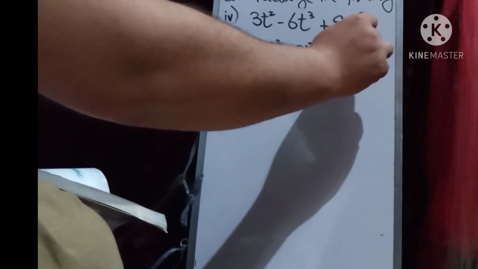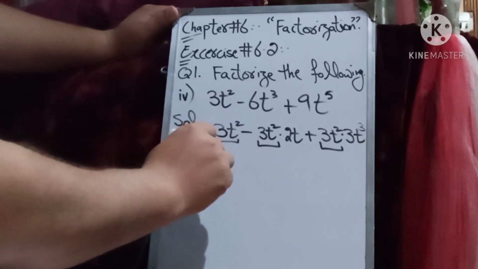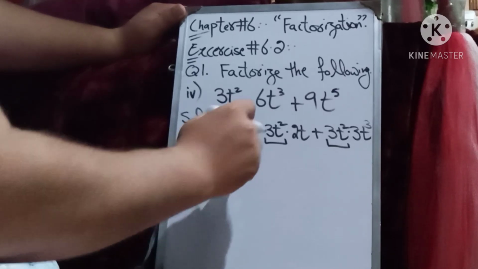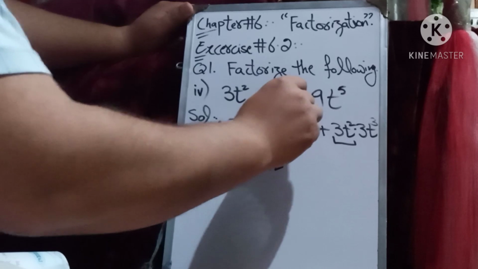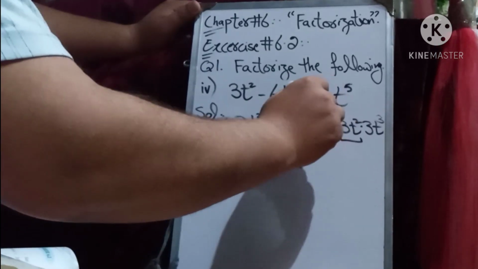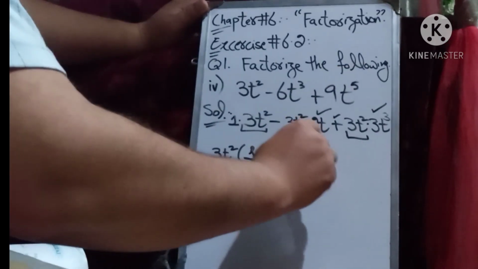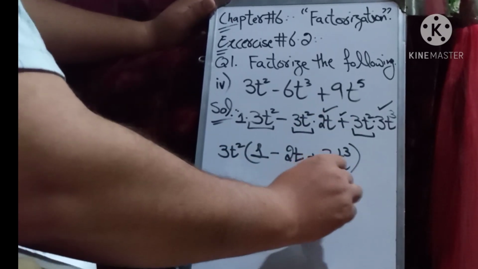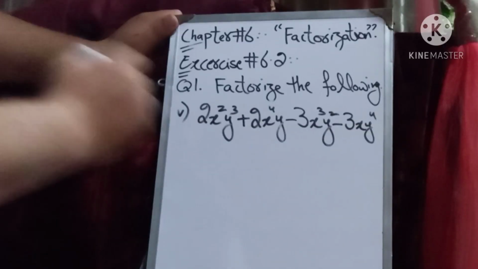We take 3t square as common: 3t square multiplied by 1, minus 3t square multiplied by 2t, plus 3t square multiplied by 3t cube. When we multiply it, we get the same answer. So 3t square is taken common, and 1 minus 2t plus 3t cube is our required answer.